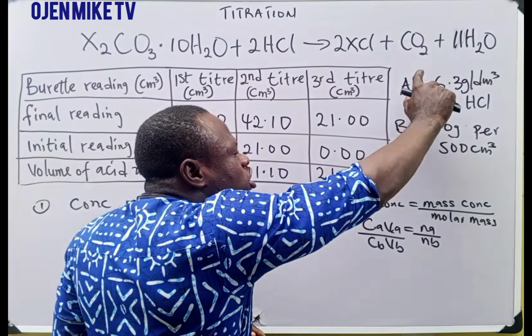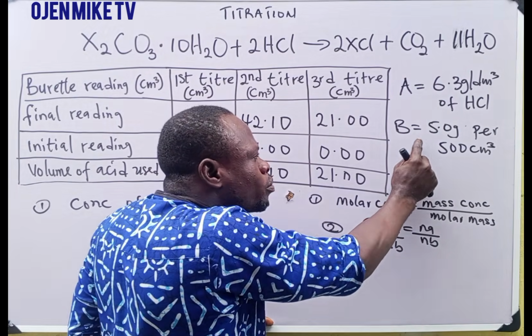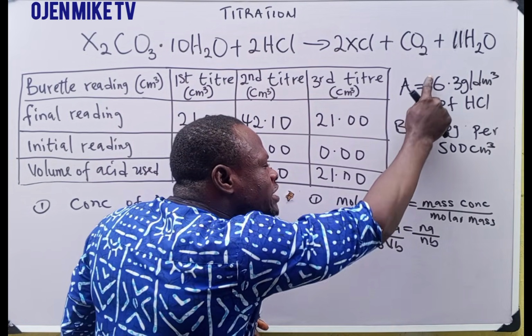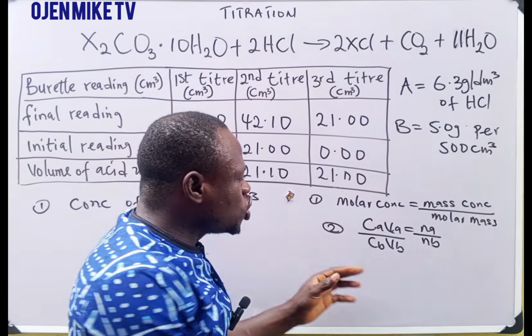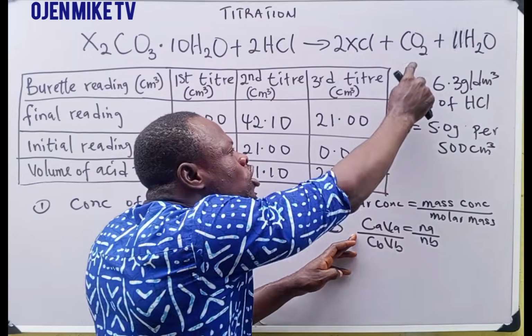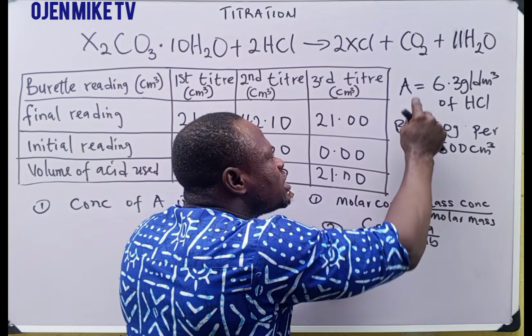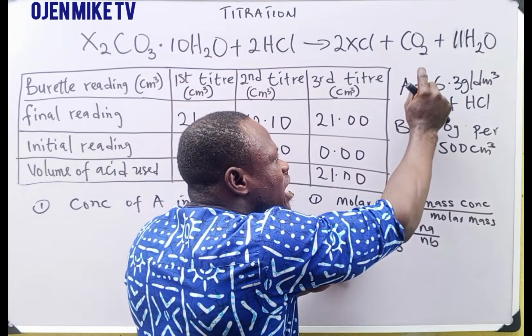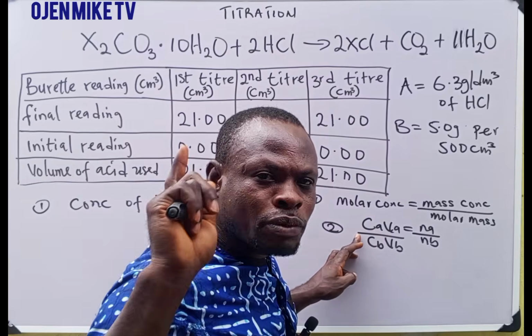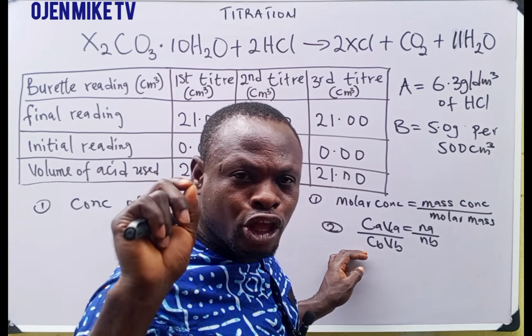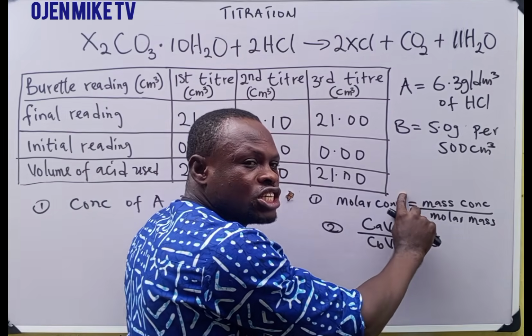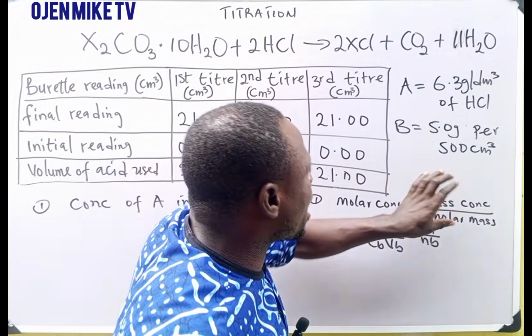But if the concentration of either A or B is given in moles per dm cube, you don't need to come and use this formula, you use the other formula directly. But if none of them is given in moles per dm cube, you use this formula.